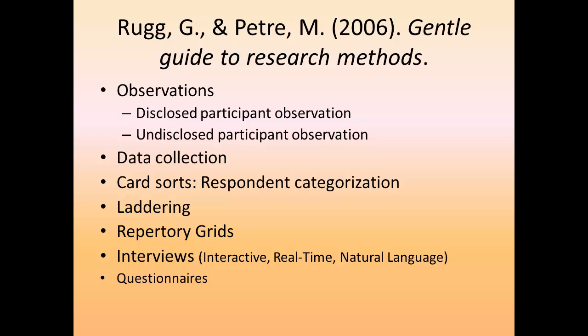The cabinet making technique looks at the type of data each method would produce, and the cartography technique involves grappling with what to do with the data. Overall, the Gentle Guide goes through the methods you will practice, including observations, interviews, and surveys, and some less frequent methods such as card sorts, laddering, and repertory grids.